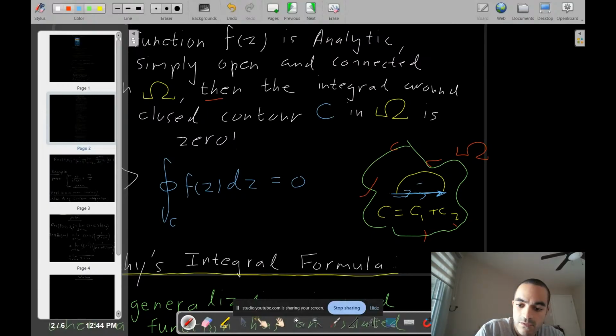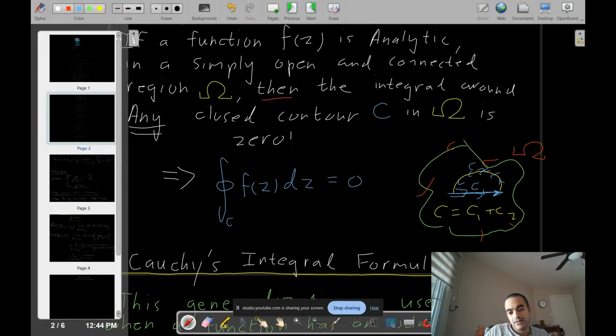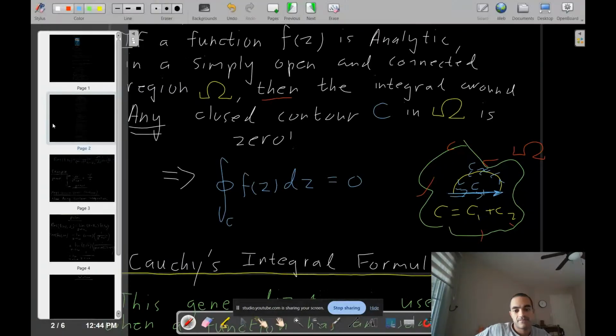And then C2 goes counterclockwise like this. It doesn't matter; the point is they make a whole closed contour called C. So we have a closed contour C in Omega. If we have something like this, then our contour integral is automatically 0. And by the way, I put this circle around the integral sign, which means that it's a closed path. Any questions?